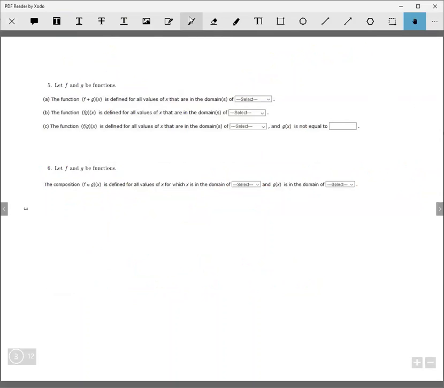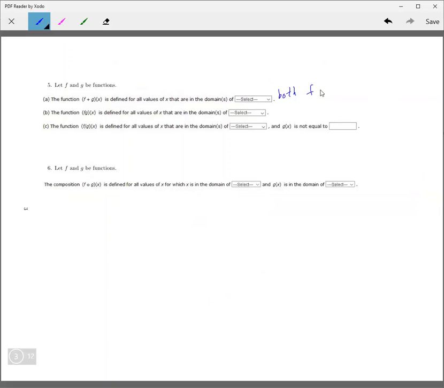Okay, let's move on to the next exercise, number 5. Let f and g be functions. The function f plus g of x is defined for all values x that are in the domains of both f and g. Essentially this right here is f of x plus g of x.